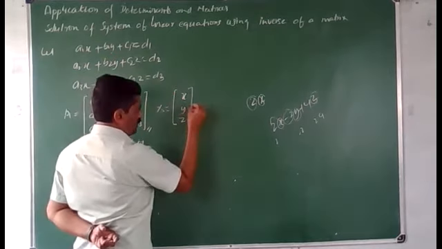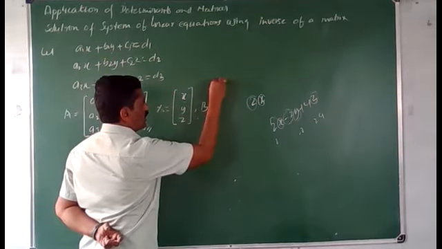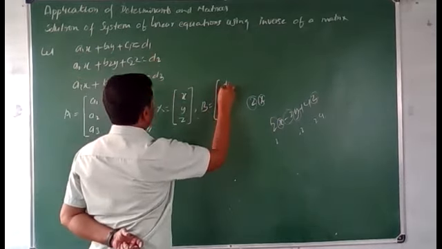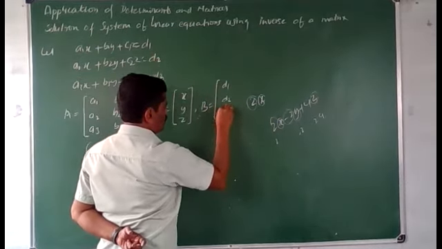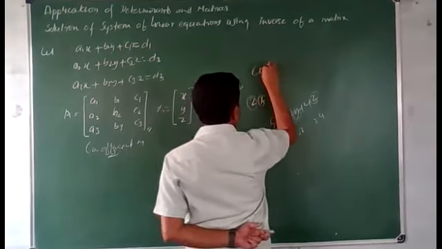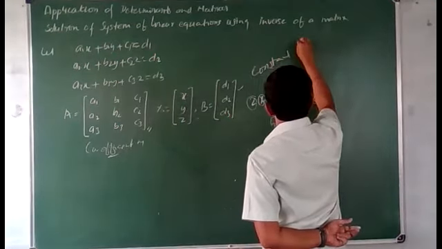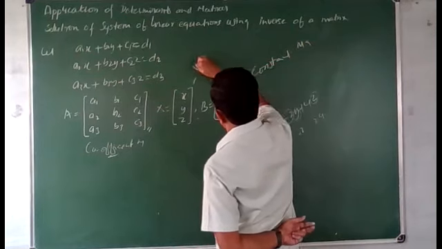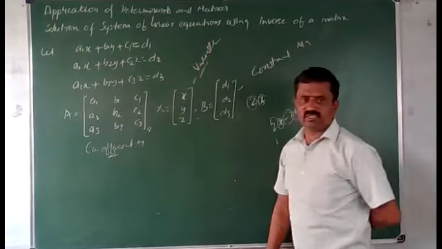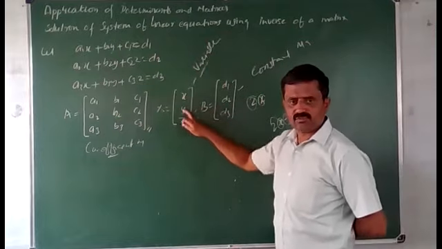Next, that is B is equal to, write the constants, that is d1, d2, d3. Usually this is known as the constant matrix, and this is known as the variable matrix, which we need to find. We have to find the values of x, y, z.